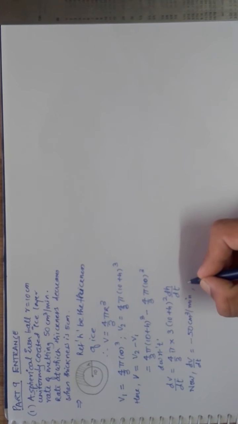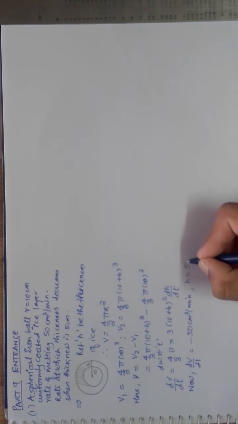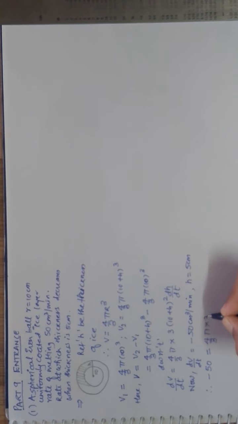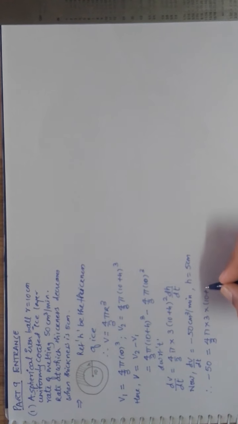So when I solve it, when the thickness is 5 centimeter, you get minus 50 is equal to 4 by 3 pi into 3 into (10 plus 5) the whole square, dh by dt.